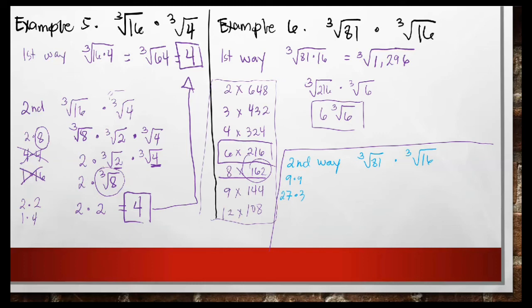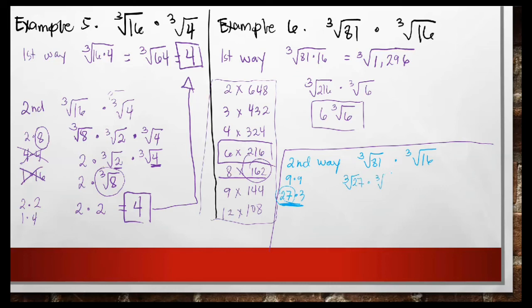Therefore, we need to get the perfect cube. The perfect cube is 27, times 3, because 27 is a perfect cube. So we have cube root of 27 times cube root of 3.